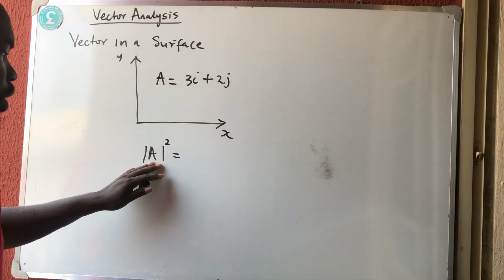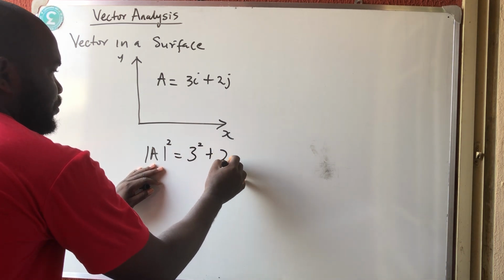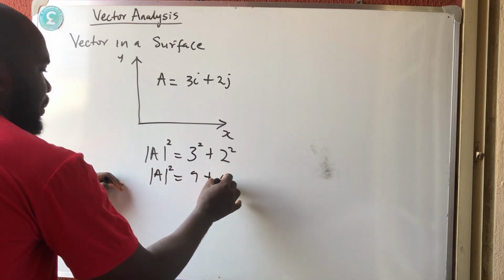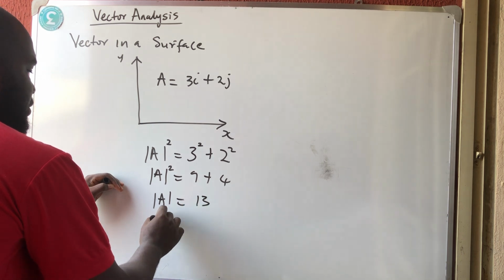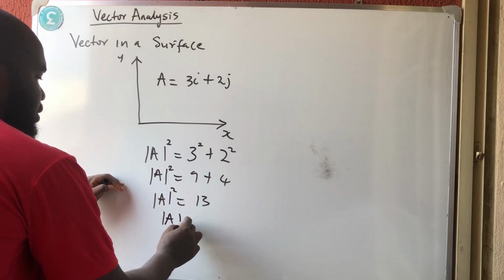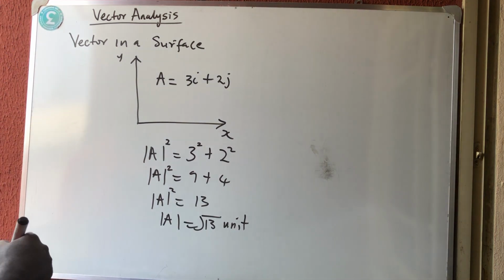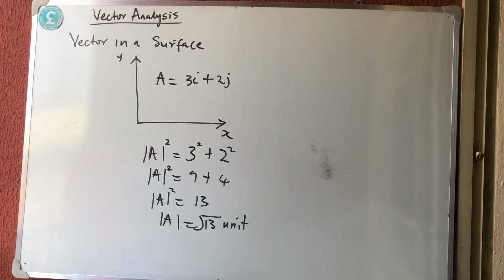So the magnitude of the vector all squared is equal to 3 squared plus 2 squared. What do we have? a squared is equal to 9 plus 4. So a is equal to the square root of 13 units. That is the size of this vector.